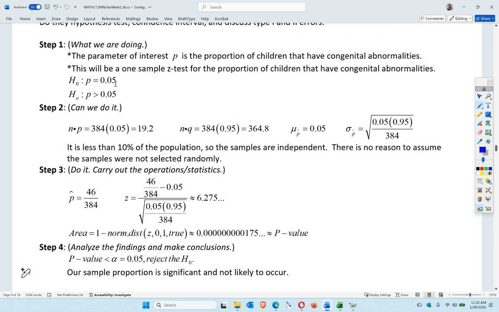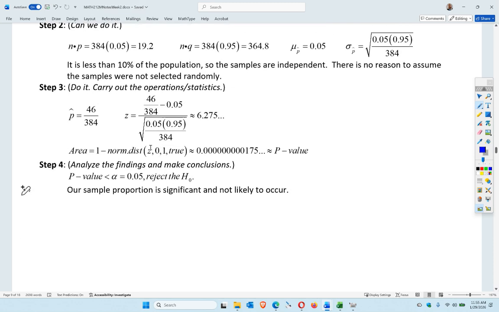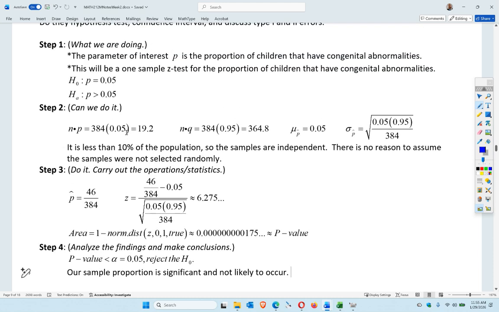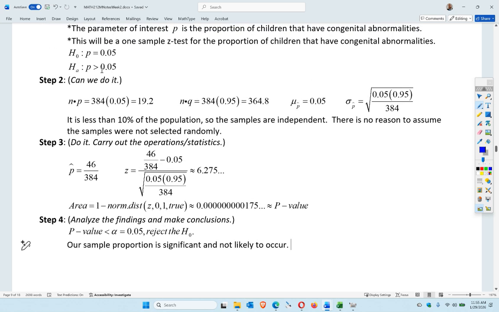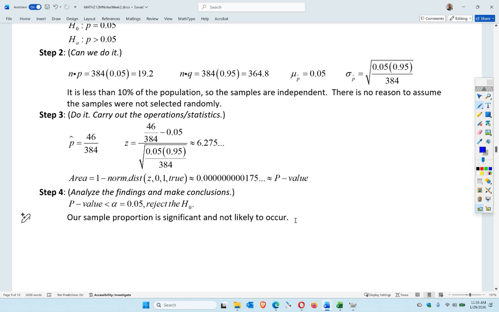Just accept reality of the 5%, right? But we found one that was significant, which means we can reject this, and it's not normal. It's not likely to occur. So this is an abnormal sample based on what we're saying is reality. So there is enough evidence to reject the null hypothesis, which is what we did.